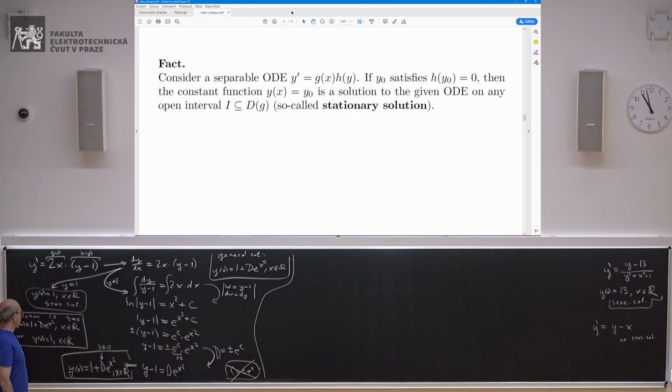Well, there's a little trick. Notice, I said, okay, let's assume that y is never 1, and we get this. And let's assume that y is always 1, and we get this path. What if there is a solution which sometimes is not equal to 1, but then at some time it becomes 1? Could it happen? And the answer is actually not in this particular example, but it could happen in some other examples, and then we are in big trouble.